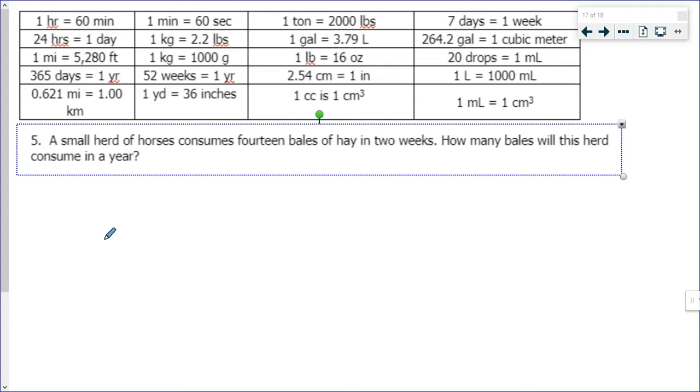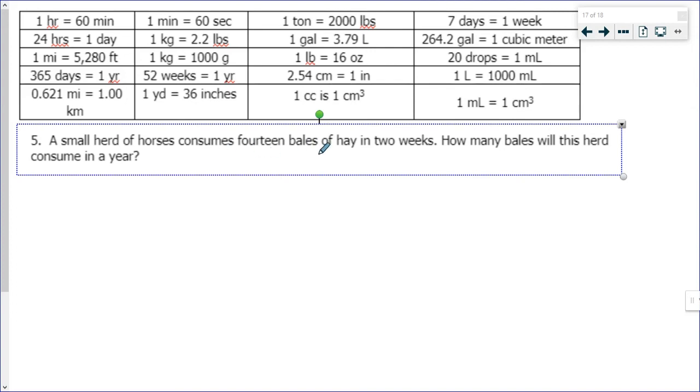All right, here's another one. This one, they give you all the conversion factors in here, except for the fact that you may have to change between weeks and years. But this is kind of a double-edged one.